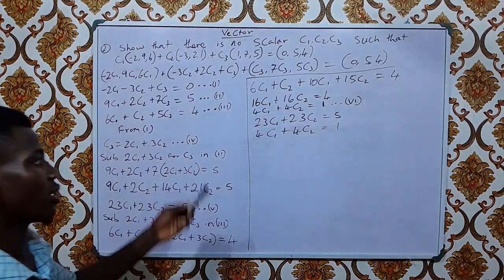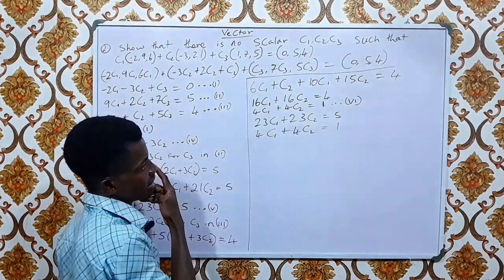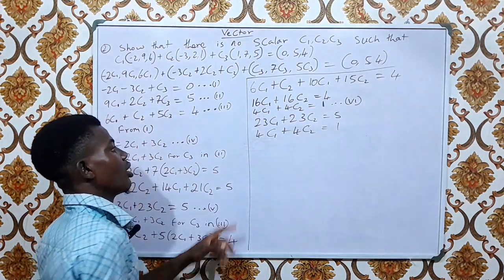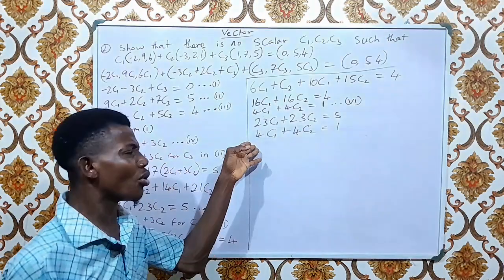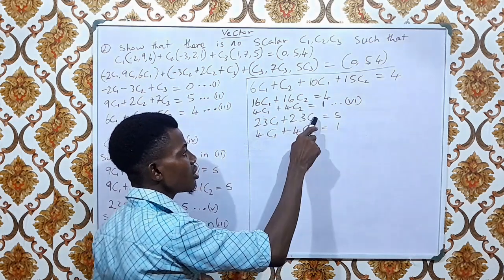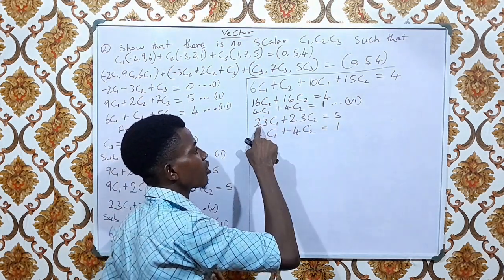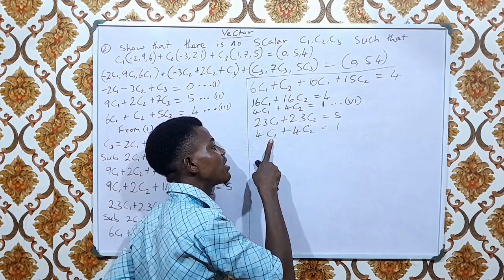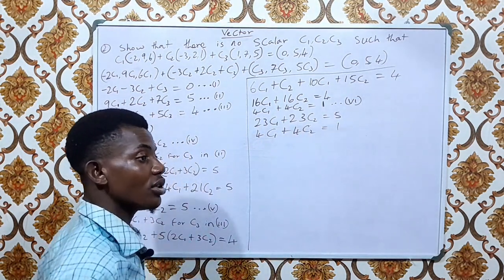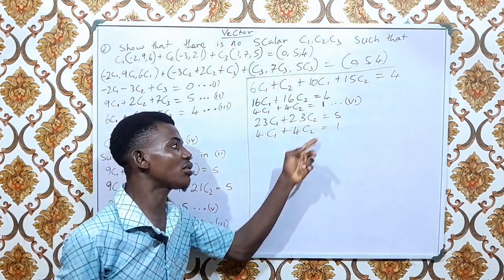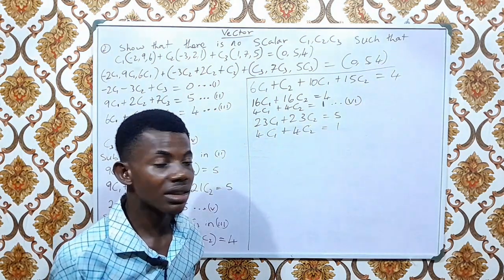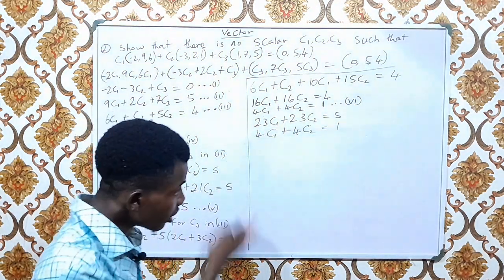So through the elimination method, let's multiply equation 1 by equation 2. But there is something I need you to see here. You can see that both C1 and C2 have a coefficient of 23. Here, both C1 and C2 have a coefficient of 4. It shows something. Whenever you have a simultaneous equation like this, it means the solution set is empty. But let's see what will happen.